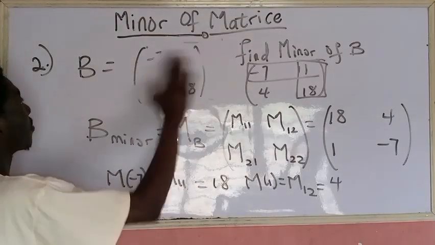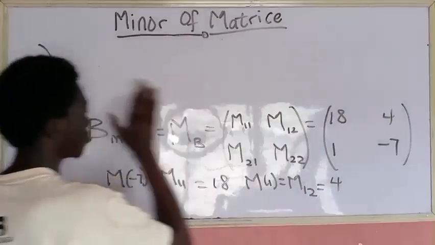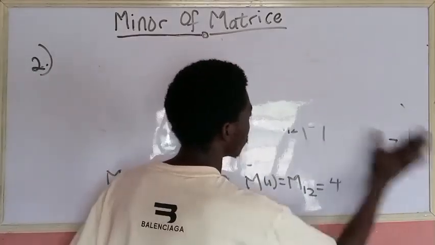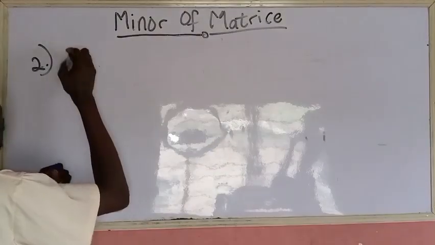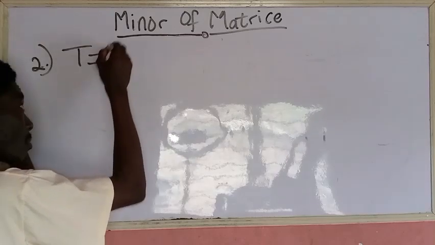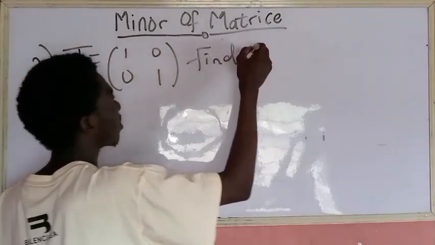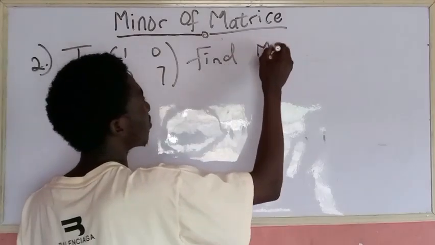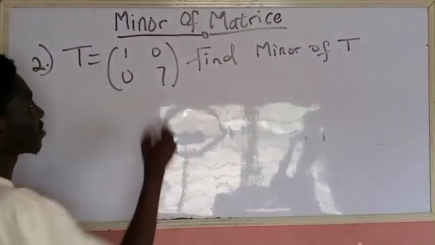Let's take one more example. Find the minor of T. Good.